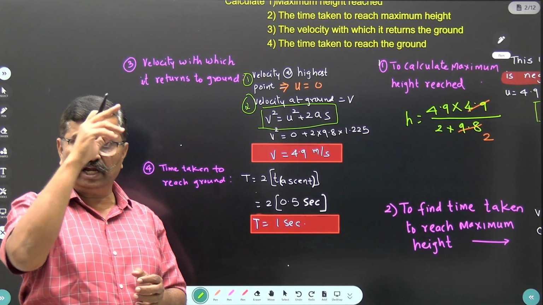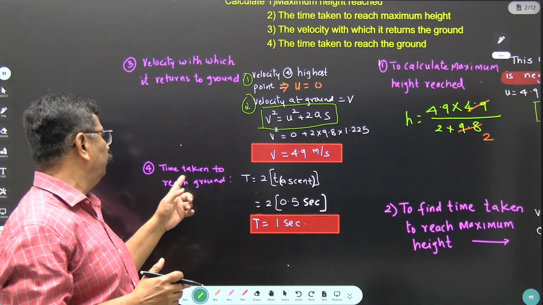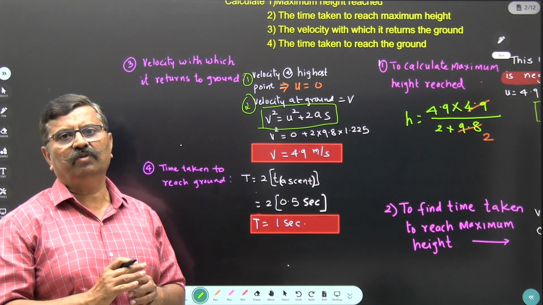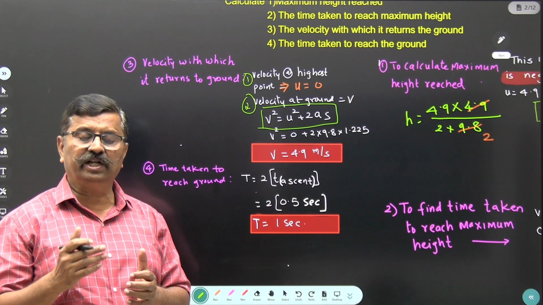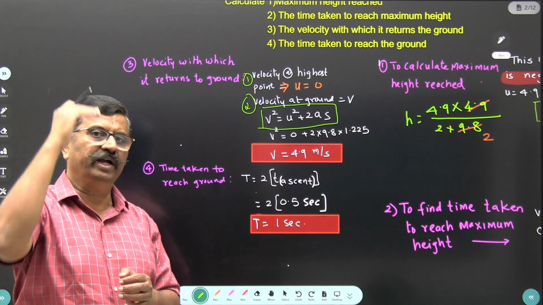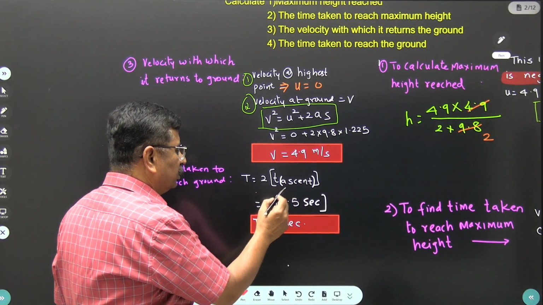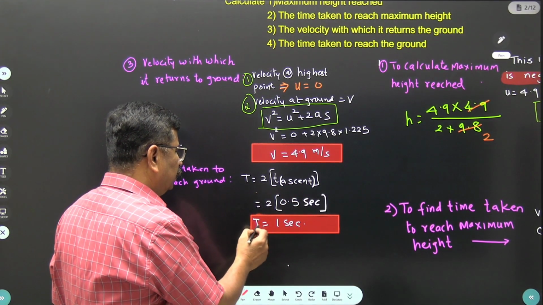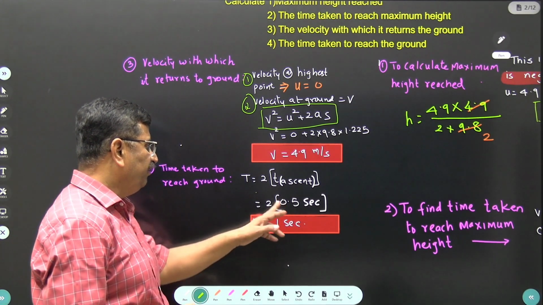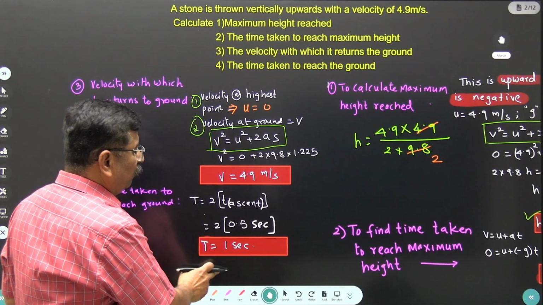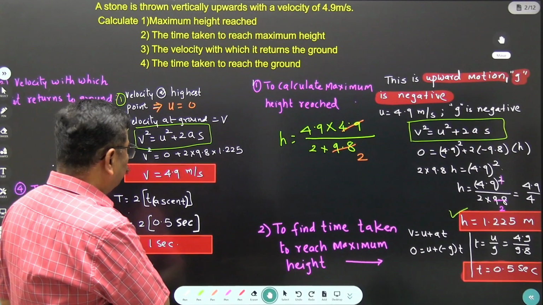So the total time of flight is the total time taken to reach the ground, which is twice the time of ascent, twice the time taken by the stone to reach the maximum height. So t is equal to 2 into time of ascent, 2 into 0.5 seconds. Therefore t is equal to 1 second. So this is the sum which is based on motion under gravity.